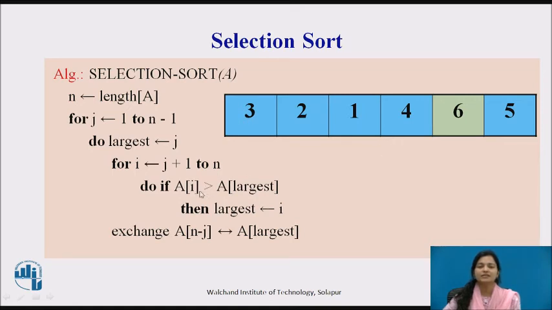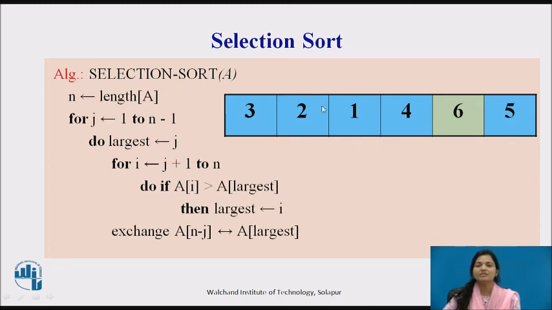If it is greater than whatever we have, then we exchange the largest value with whichever we find larger, so then it will be the largest one. And finally when we find the largest in that full array, then we go to that position n minus j.